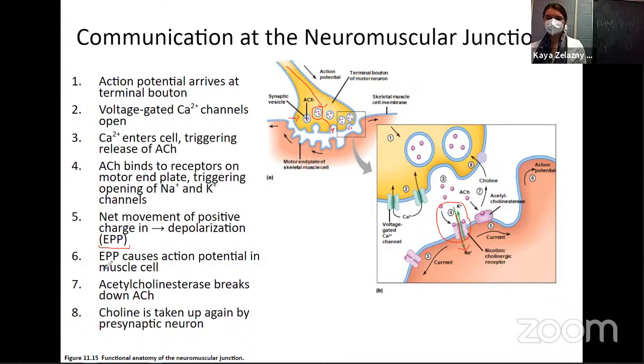That end plate potential causes an action potential in the muscle cell, which is going to eventually cause the muscle cell to contract. And the acetylcholinesterase is going to break down and clear out some of that acetylcholine. And the choline part of the acetylcholine is going to get sucked back into the cell. So we call that reuptake. We'll have reuptake happening here of the choline.